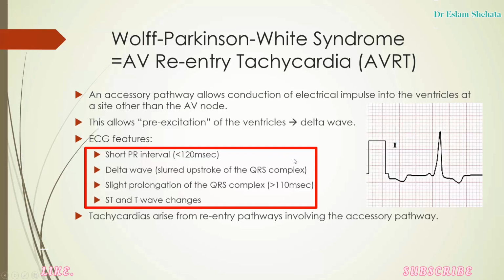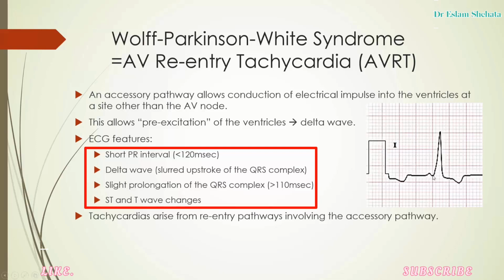Now the reason for that is the AV node usually holds up the electrical signal. Okay, it pauses the signal for a little bit, allowing the atria to finish contracting, and then the signal spreads down into the ventricles. In Wolff-Parkinson-White, we've got this accessory pathway, and the accessory pathway doesn't have any such regulation. It doesn't hold up the signal at all.